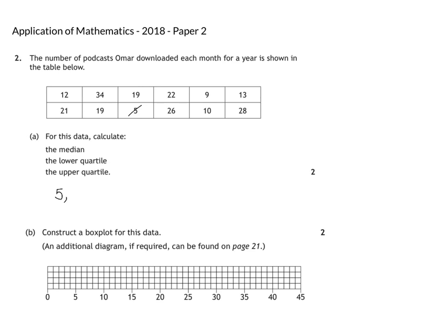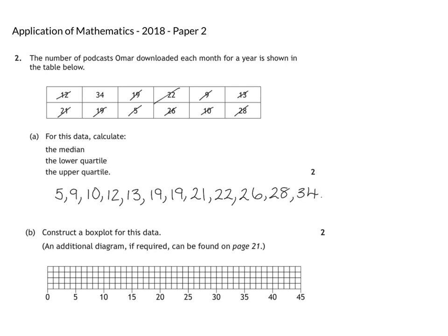So we had 5, our next one is 9, next smallest is 10, then we've got 12, then 13, then we've got 19, and we have 19 again, we've got 21, we have 22, 26, 28, and 34.